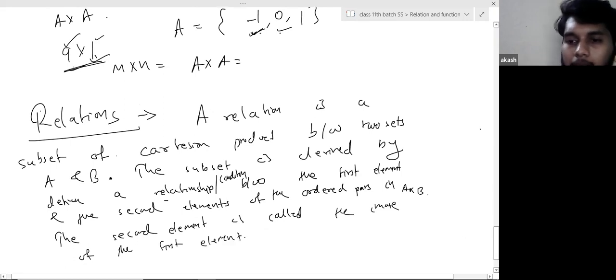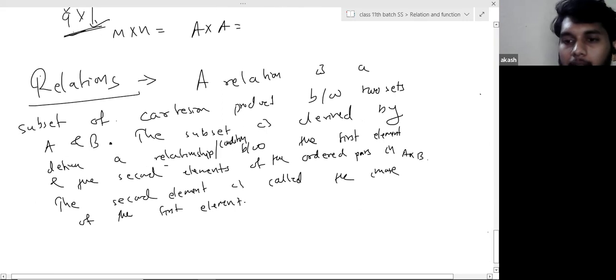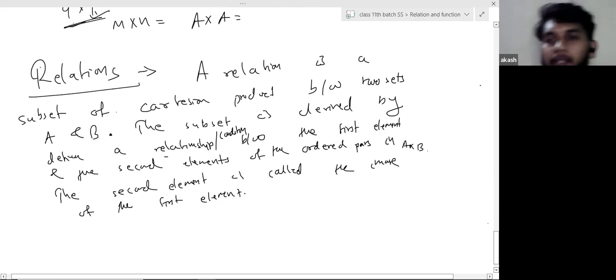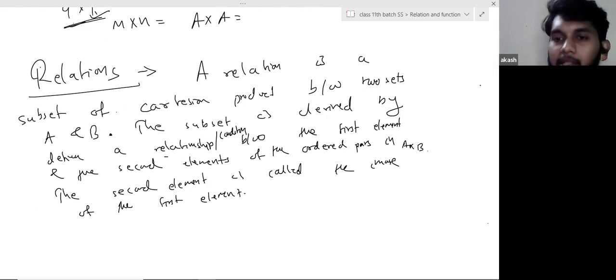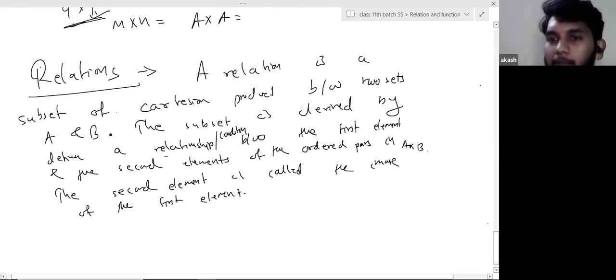Don't try to write this down, just understand this first, then I'll give you time to write. What is a relation? A relation is a subset. That means the first thing we know about the relation is that this is simply a set. And how do we calculate that set?